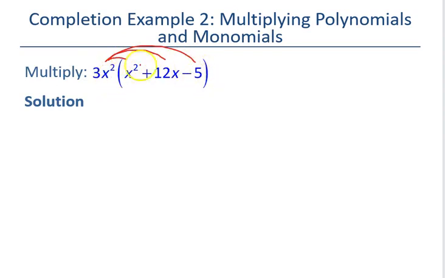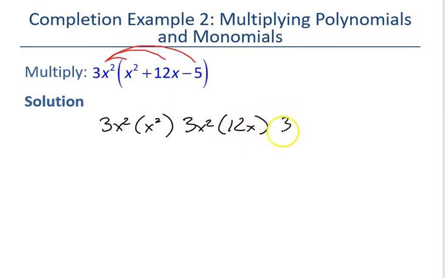So we could rewrite that as negative 3x squared multiplied by x squared, negative 3x squared multiplied by 12x, and then negative 3x squared multiplied by negative 5.